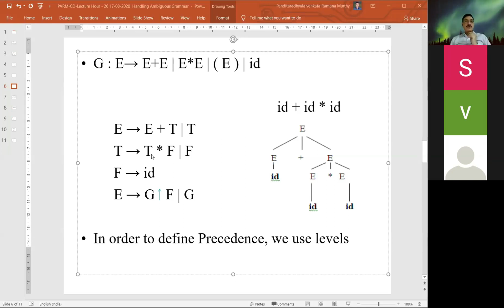There is no rightmost derivation. It is not at all allowing right recursion. What it is indicating, the derivations are always left derivations. There is no right derivations.